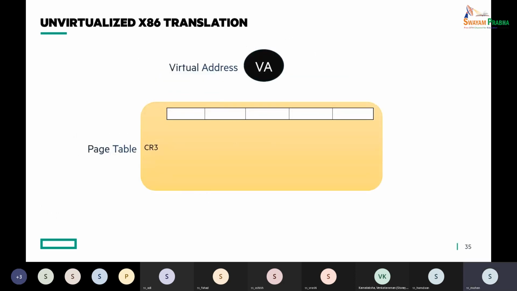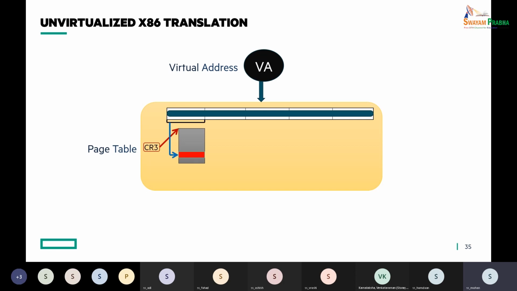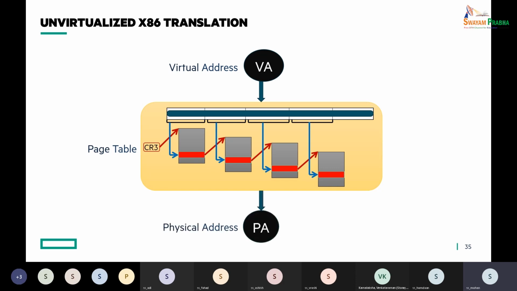So just to go into a high level view of how the translation looks, I think this will give you an idea of some of the performance overhead of this. When you have a standard unvirtualized x86 translation, you have a virtual address which comes to the CR3, and then, like we talked about, parts of the virtual address index into the page tables: the directory, and then the page table levels from 4 to 1, and then you finally get the address.